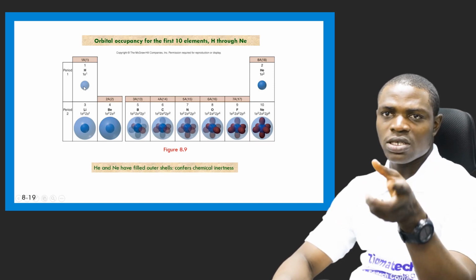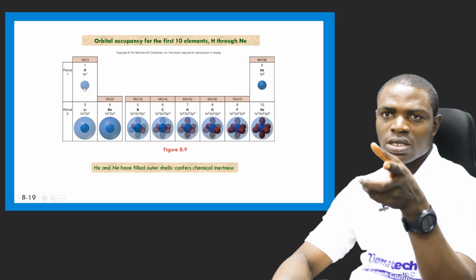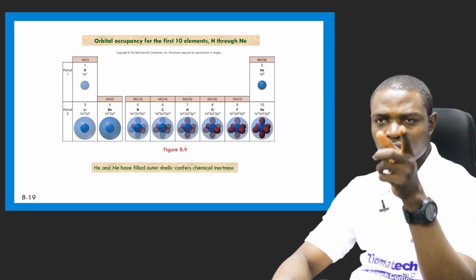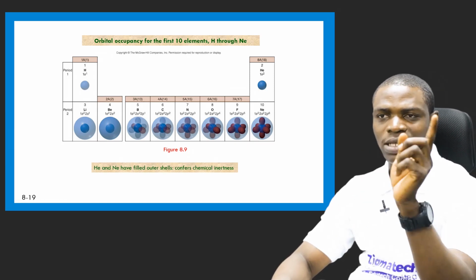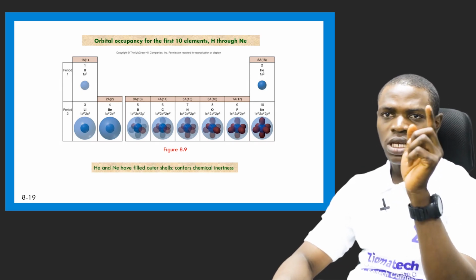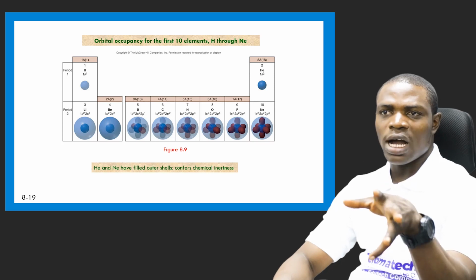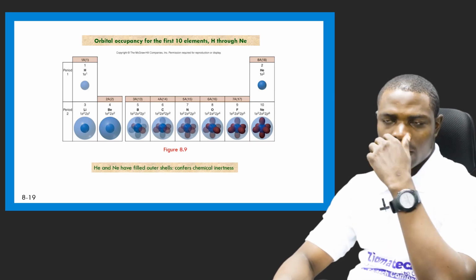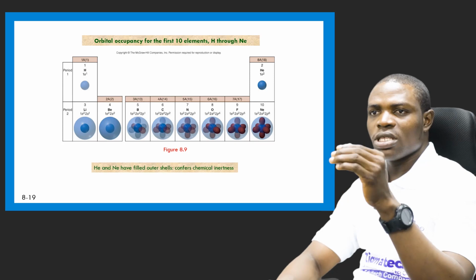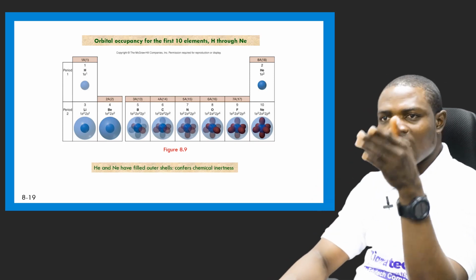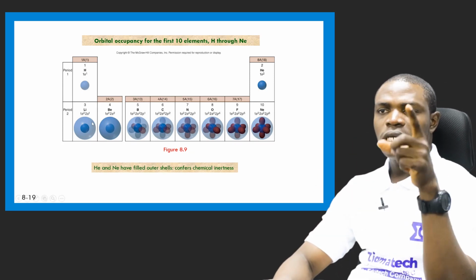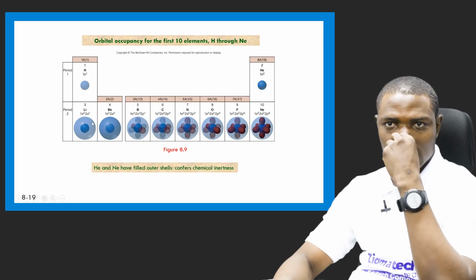Atoms of hydrogen, with atomic number 1, have 1 electron in the outermost shell. So it means that we are going to have 1s1. Helium has 1s2 because it has 2 electrons in its valence shell.